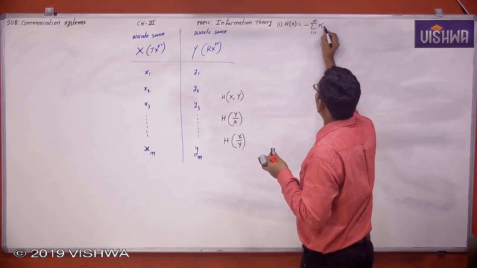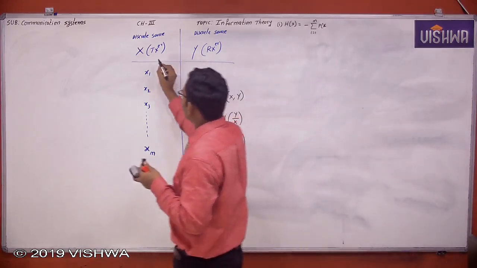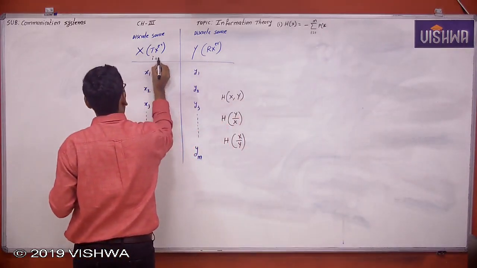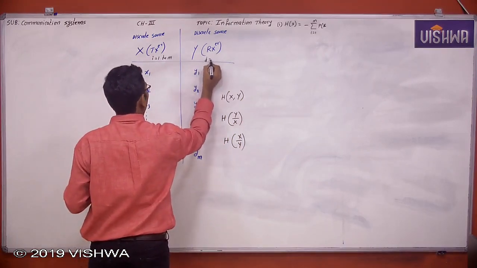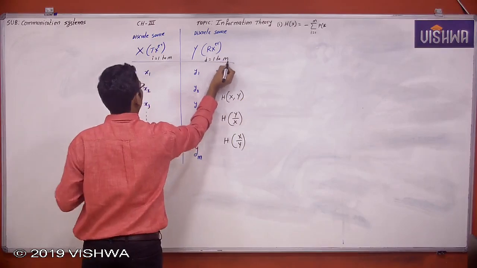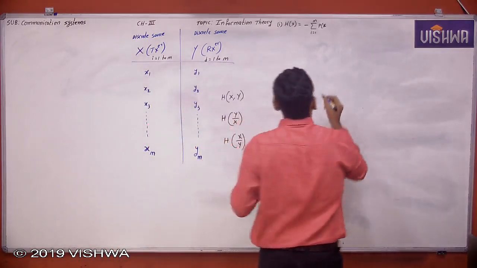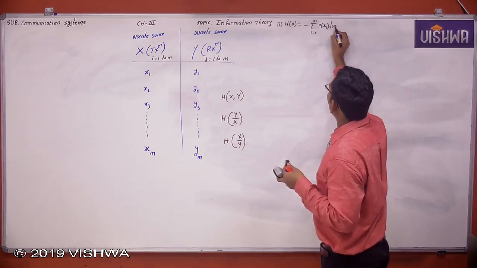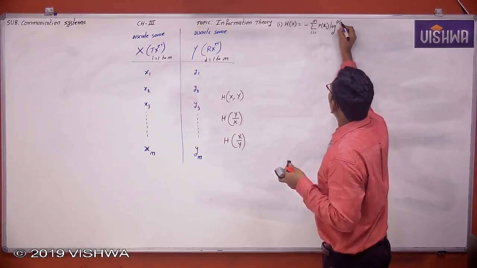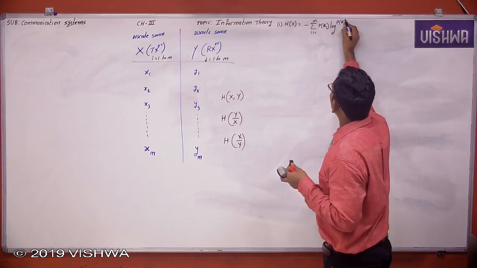We can represent this as summation i equal to 1 to m, P of x_i log P of x_i base 2.